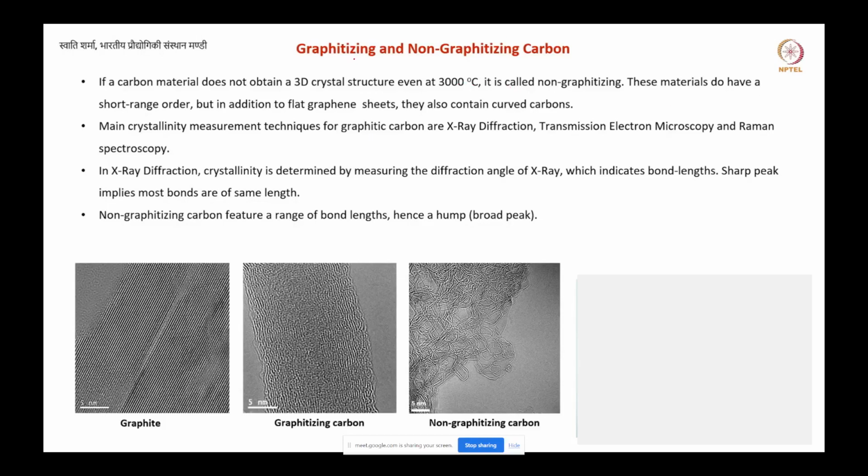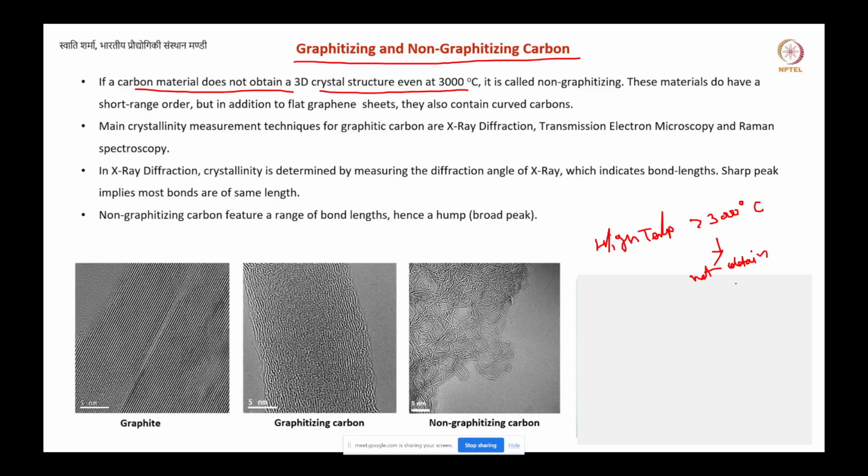So here you can also see what graphitizing and non-graphitizing carbon are. If a carbon material does not obtain a 3D crystal structure even at 3000 degrees centigrade, that means even if you go to a very high temperature, more than 3000 degrees centigrade, it will still not obtain a crystal structure, so it is called non-graphitizing.